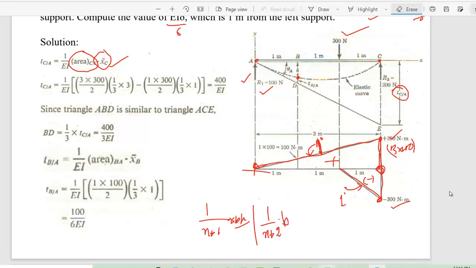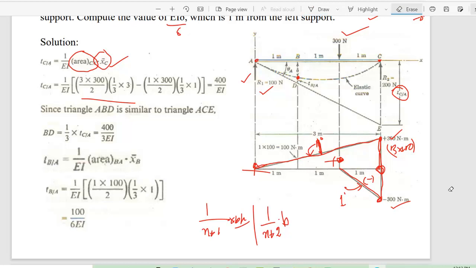Okay, so let me complete this one first. So we can calculate this for area and this for X bar. Okay, so 1/3 of 3. Total distance is 3. So from here, the CG point should be here. 1/3 of 3. You understand? From the base.